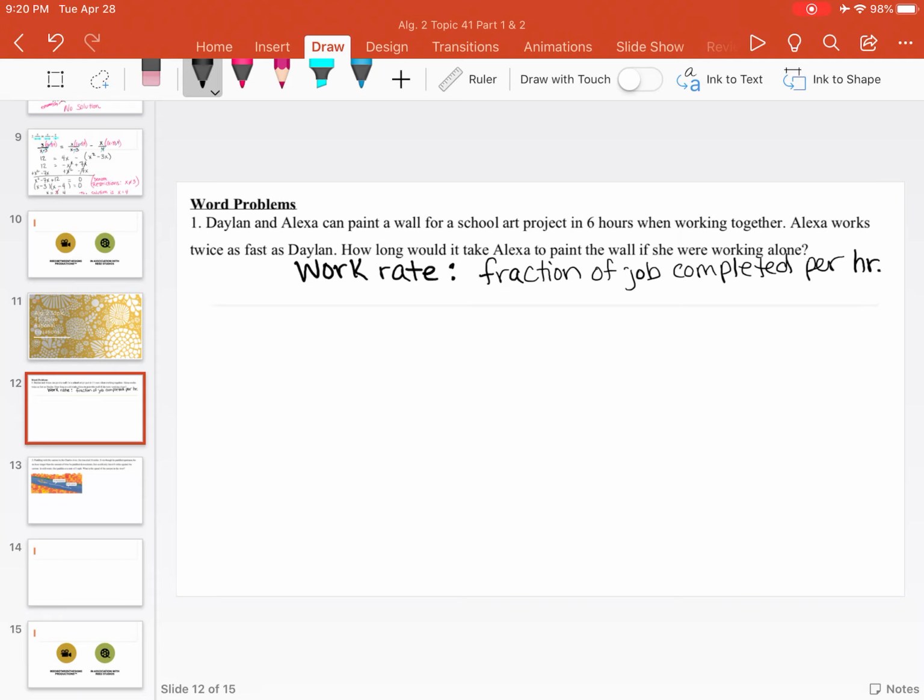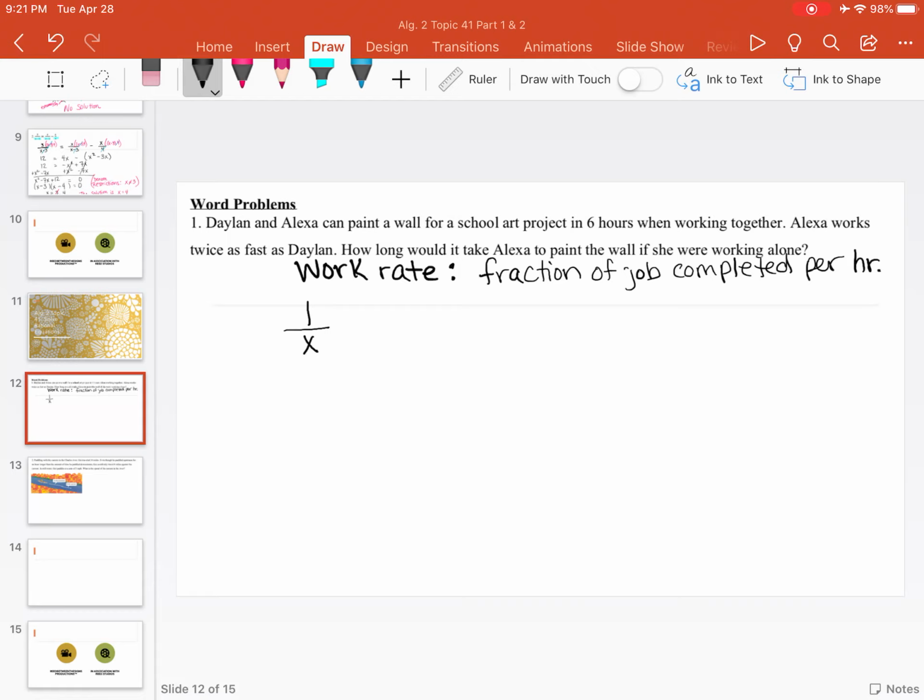So usually what I think with these kinds of problems, the hardest part is first coming up with your equation, because it's not given to you right away. So we know that Dalen can paint a wall. We just don't know specifically how long. So we know that Dalen can paint an entire wall in X amount of hours.